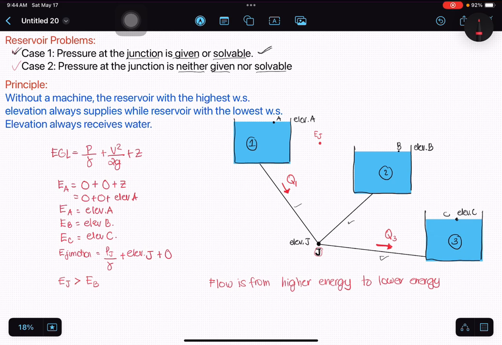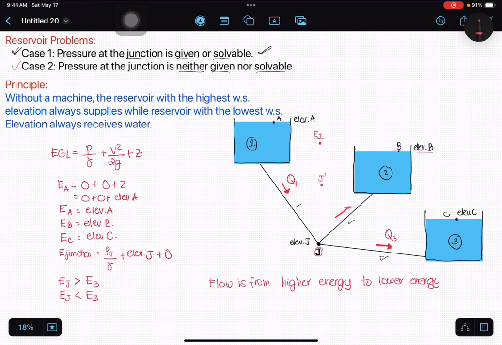So, kung higher ang ating EJ kaysa sa EB, which is just the elevation B, ang mangyayari, our middle reservoir will be receiving. Okay, magre-receive siya. But if it happens that our elevation sa junction is less than sa elevation sa reservoir B, let's say nandito, pwede natin itong tawagin J prime, or EJ.